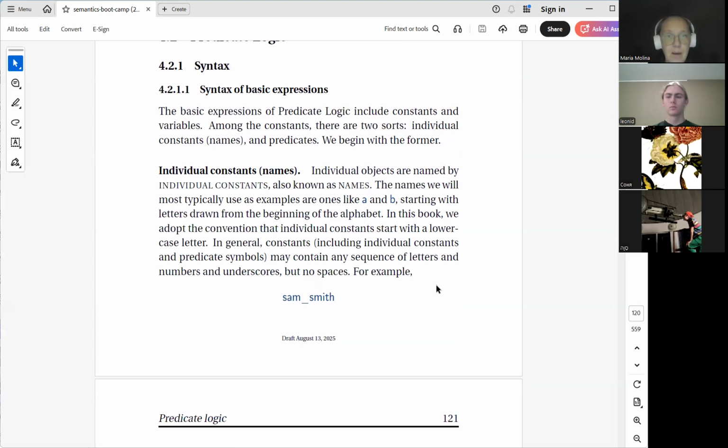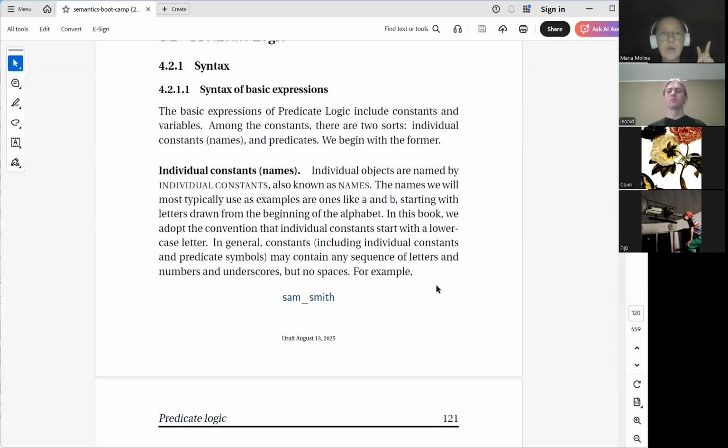So, the basic expressions of predicate logic include constants like A, Alex, and variables like X. Constant expressions might be divided into two sorts.